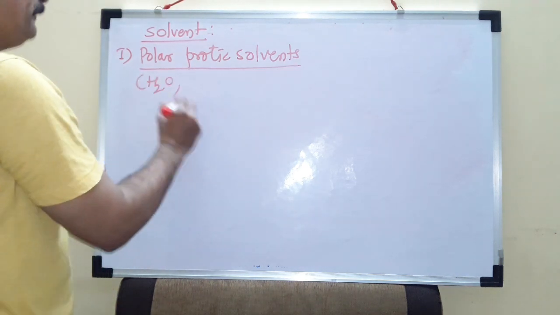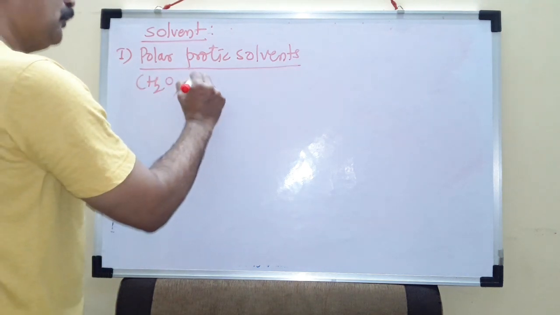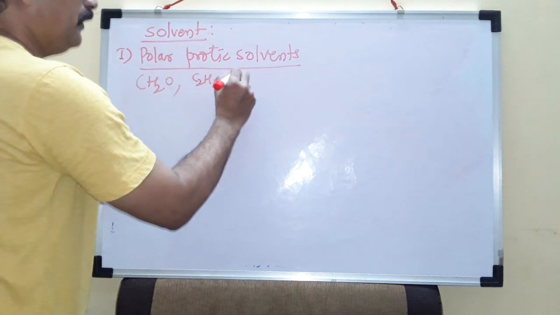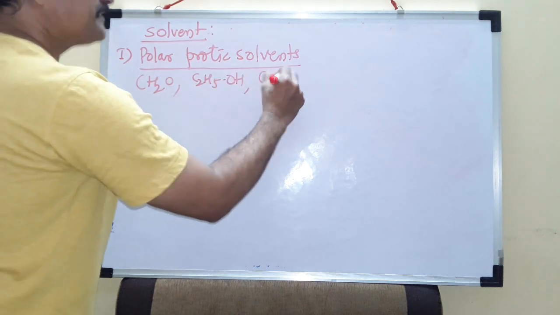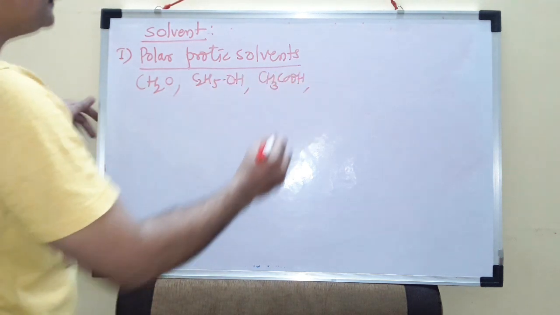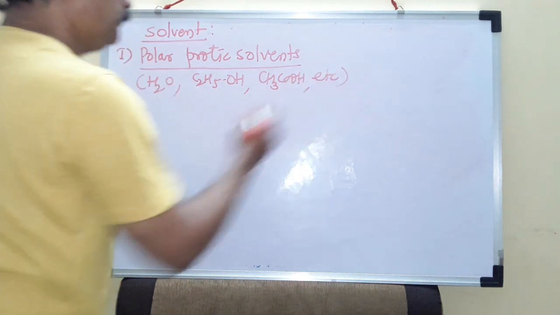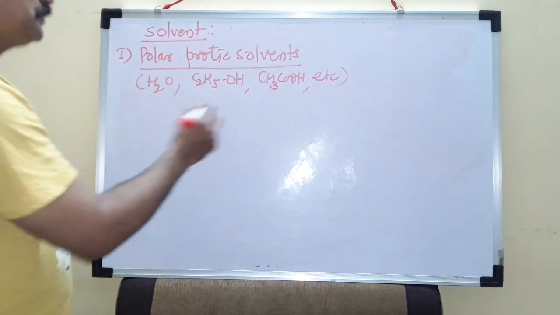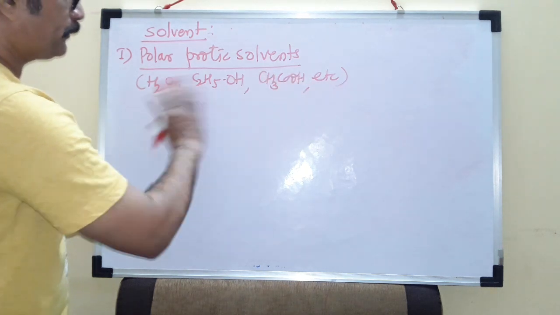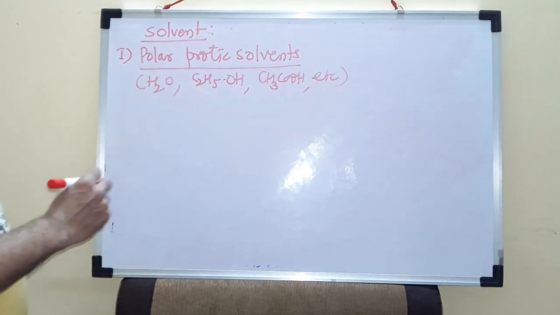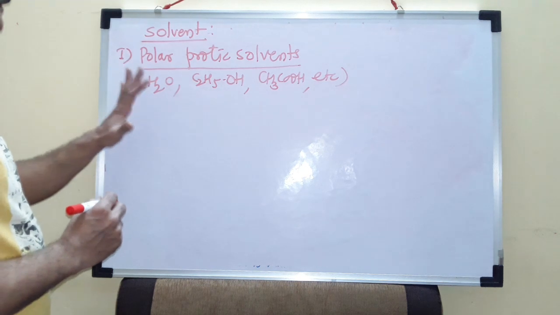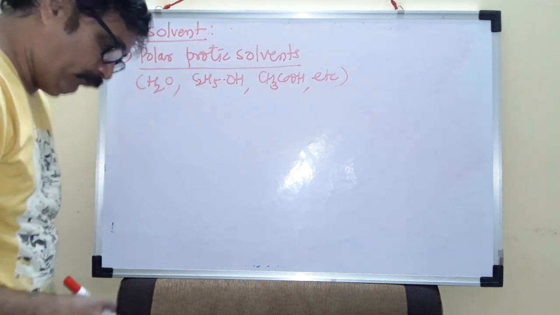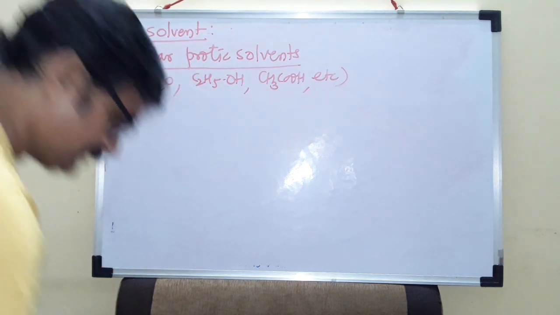I write here a few examples: water, alcohol, for example ethanol, or acetic acid. So polar protic solvents are those where the OH group particularly is present. In the presence of polar protic solvent, what happens, I am going to discuss now.